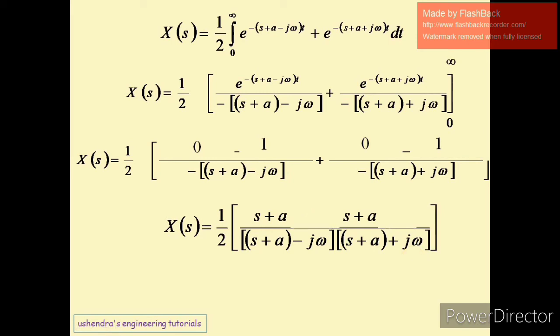And s plus a will be 2 times s plus a, and the denominator would result in a minus b into a plus b, such as s plus a whole square minus j omega whole square. Why? Because a minus b into a plus b results to a square minus b square.